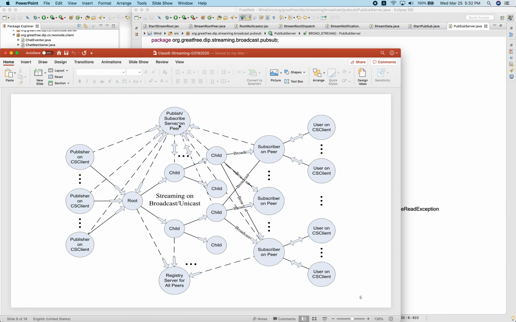This is the publish subscriber server. This time, we implement it on peer. Different from that, right? This is implemented on server. Let us take a look at this. Okay. Usually, a registry server can be implemented using CS server. However, this time we use peer instead. Because we have another approach, right?